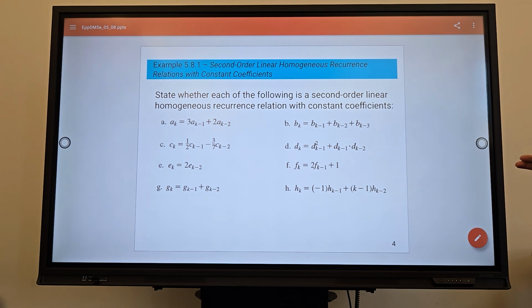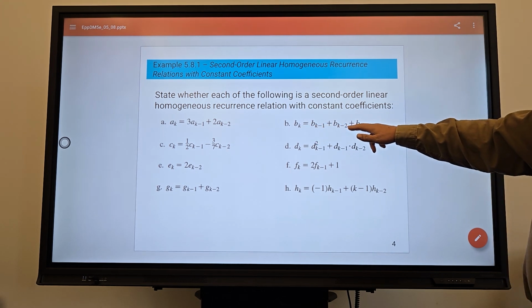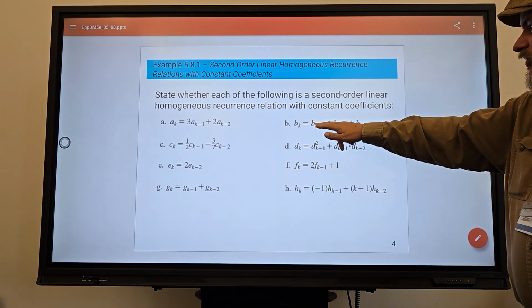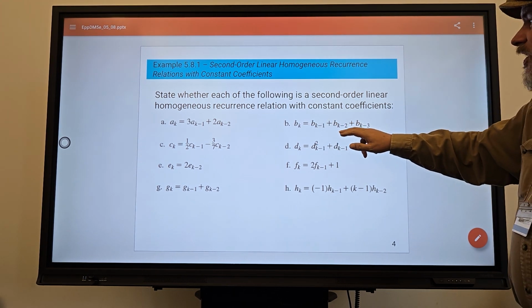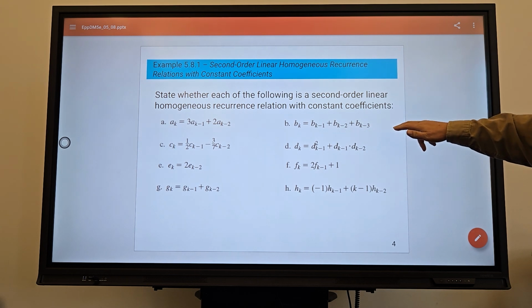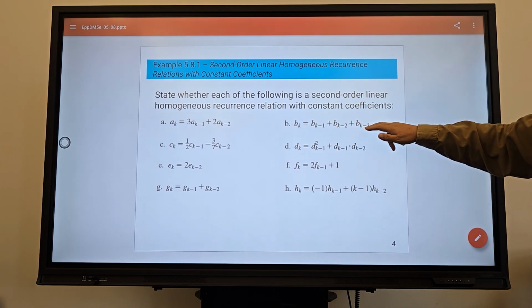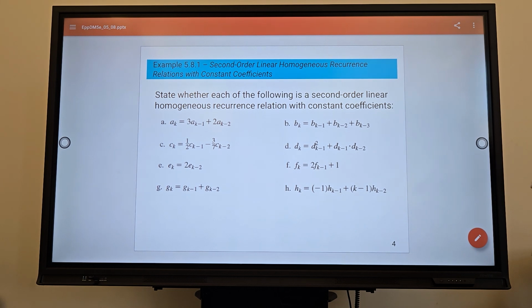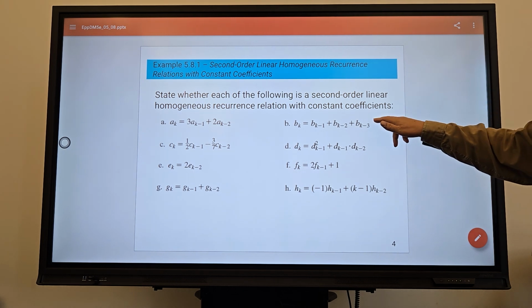So yes, that would be the mouthful. Here you have constant coefficients, 1 for each of them, but you have 3 terms. So this would be a third order linear homogeneous recurrence relation with constant coefficients, not a second order one. So that would be no.